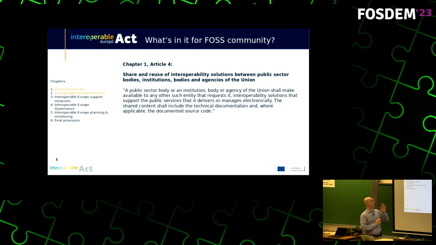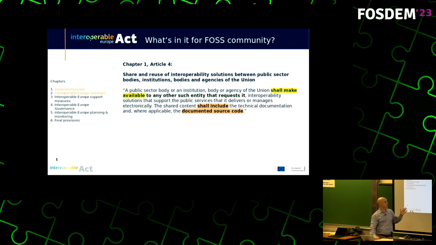So this is one piece of text from the current proposal for an Interoperable Europe Act. This is the share and reuse requirement, and it is one of the parts that will directly affect the free and open source software community. What is probably interesting in this is that they've created a piece of text to encourage the sharing of solutions, which is what we are quite used to in the free software community.